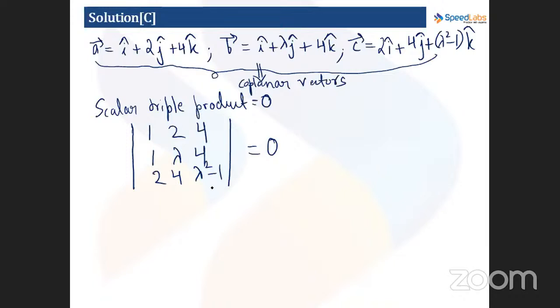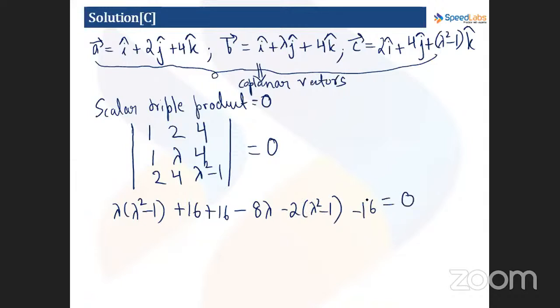So now I'll solve this determinant. Lambda into lambda squared minus 1, plus 16, plus 16, minus 8 lambda, minus 2 into lambda square minus 1, minus 16 equal to 0.